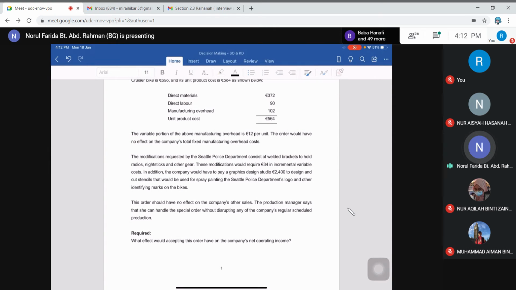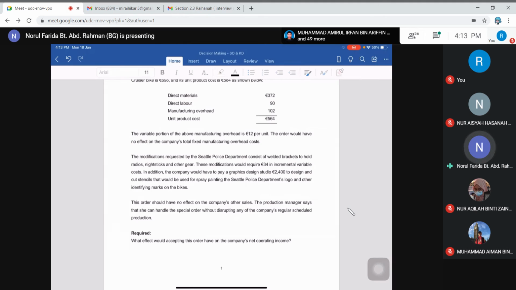To make the conclusion whether we want to accept or reject the order is by calculating the incremental profit ataupun the additional contribution of that special order to the company. If it gives a profit, then we will accept, and if after we calculate we get a loss, then we should reject the special order. So that is how we want to make a decision on special order.